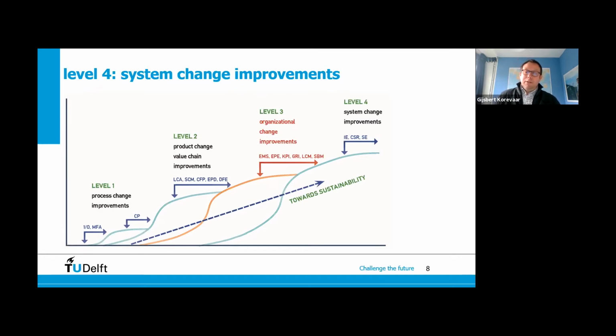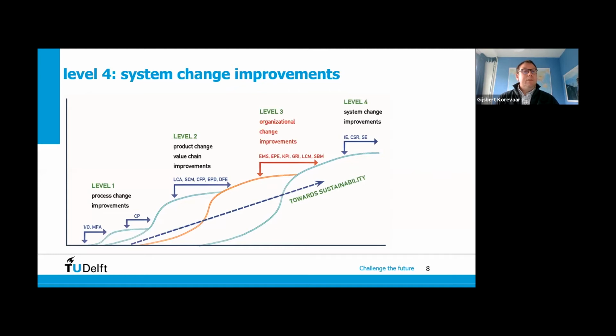But if you talk about circular economy and industrial symbiosis, then level 2 and level 3 are also important. And then it's not only about making the process, the factory, more efficient, but also making the value chain more efficient. That we have improvements along the value chain, but also improvements in the organizational side of that value chain.